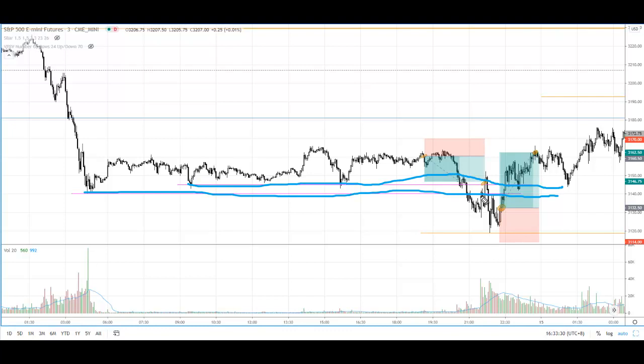Just at the US opening time, we have a spike of volume here, and we have a bullish bar, but the bullish bar is just touching this resistance level at 3140, and subsequently you can see a reaction here.